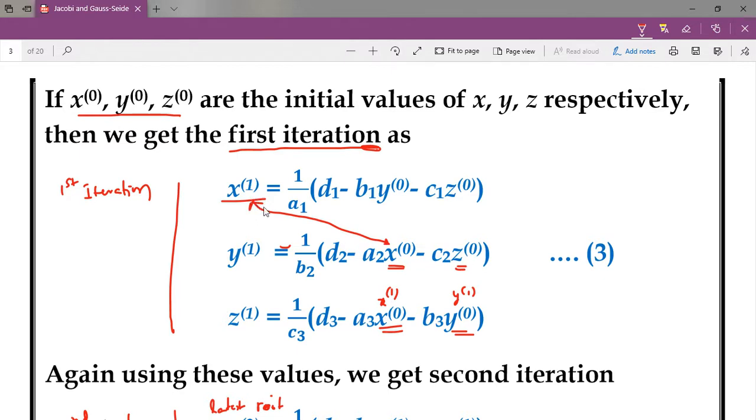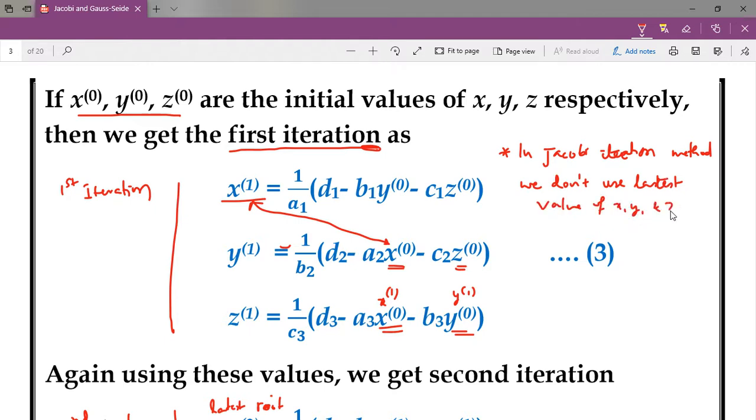In the Jacobi iteration, we just go on taking the initial values. We don't use the latest root. So please note, in the Jacobi iteration method, we don't use the latest values of x, y, and z.